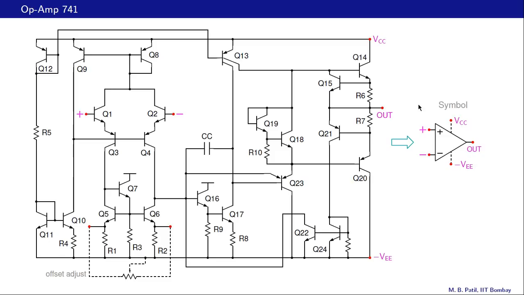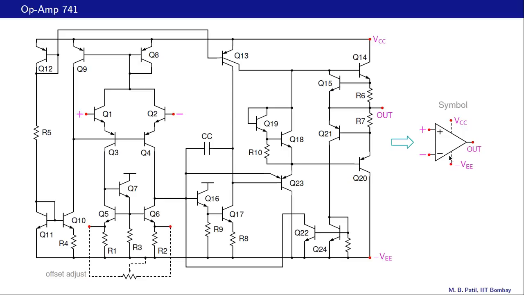In addition, we have these power supply nodes, VCC and minus VEE. VCC could be 10 volts and minus VEE could be minus 10 volts, for example. So they are complementary, and this VEE normally is treated as a positive number, so minus VEE is negative.